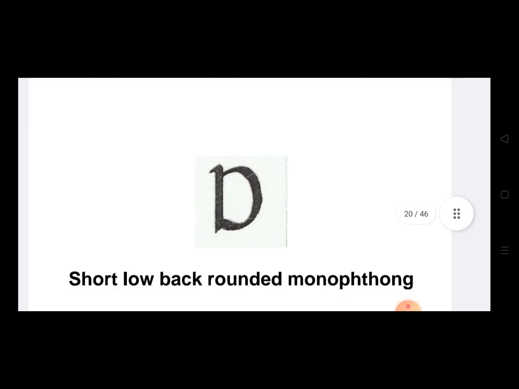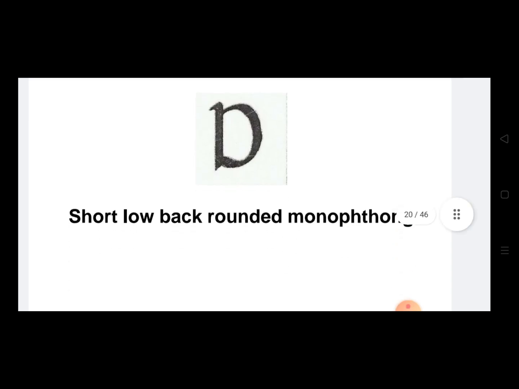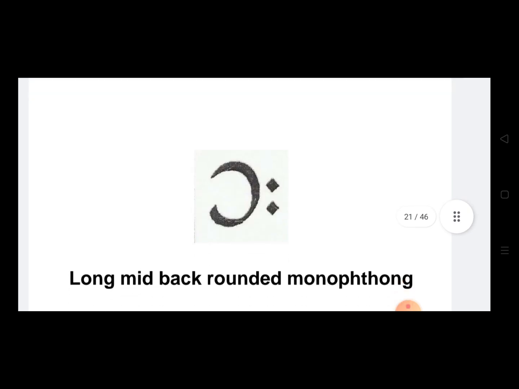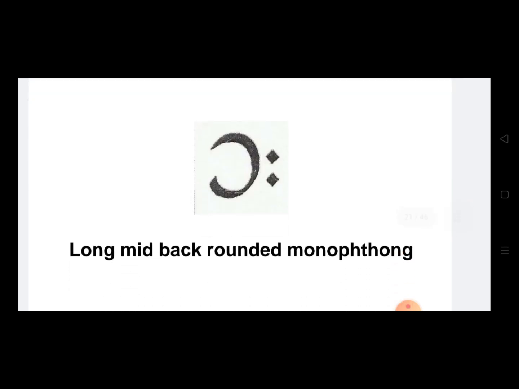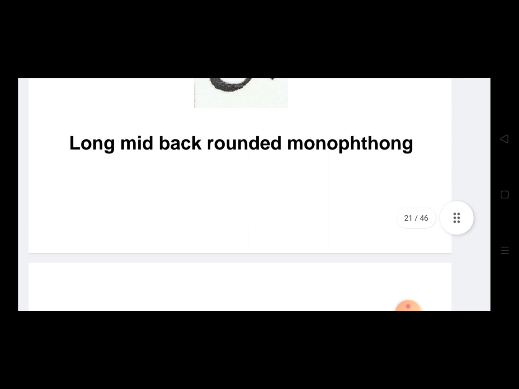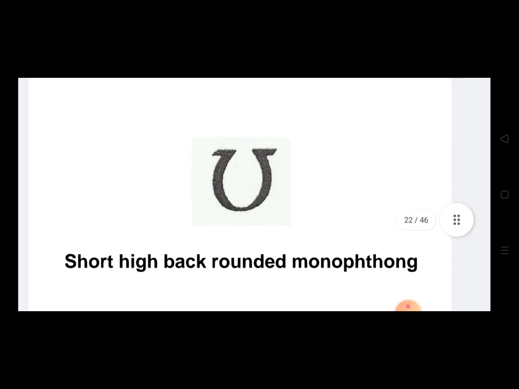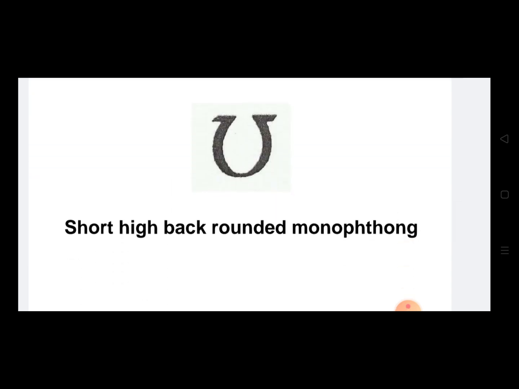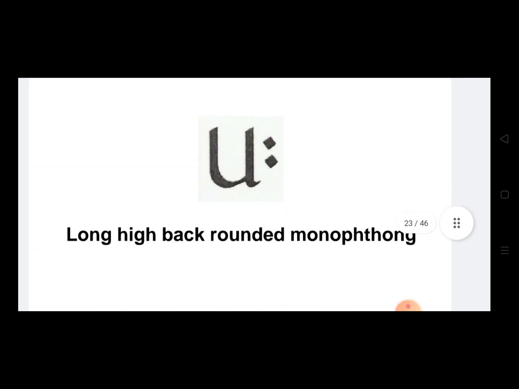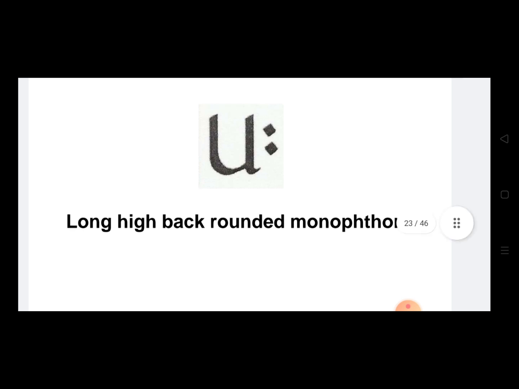This is a short low back unrounded monophthong. This is a long mid back rounded monophthong. And this is a short high back rounded monophthong. And this is a long high back rounded monophthong.